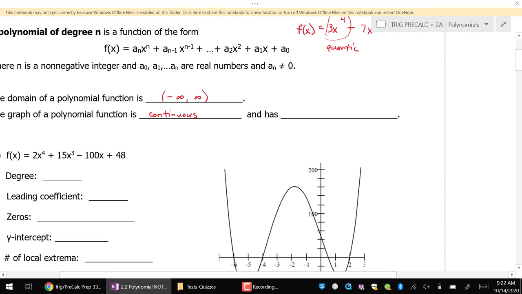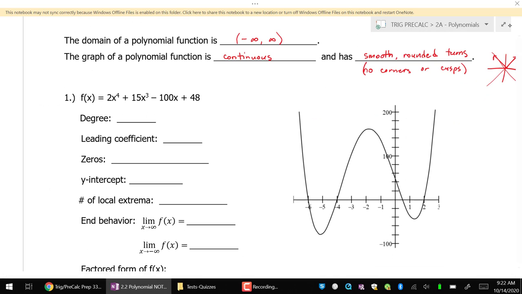And it also has smooth, rounded turns. So there are no sharp corners, or in calculus we use the word cusps. So no corners or cusps. Like the absolute value graph has a sharp corner. That is not a polynomial.